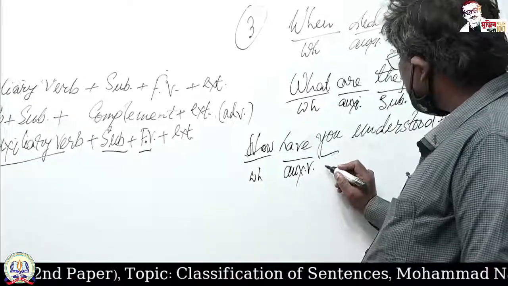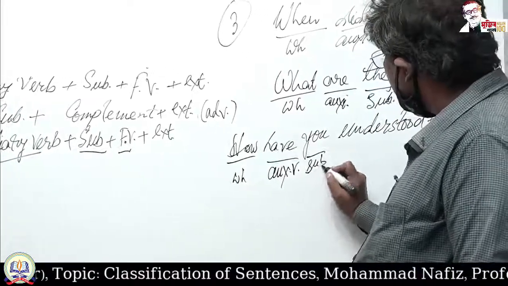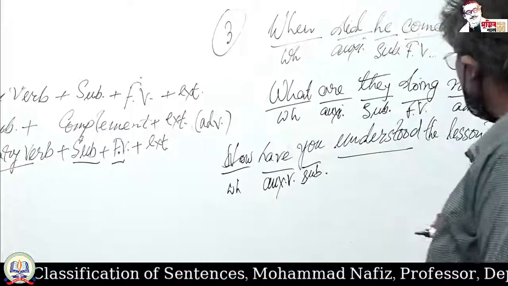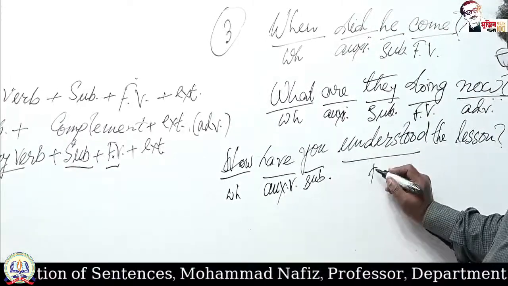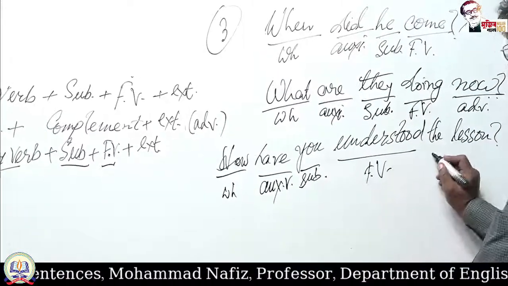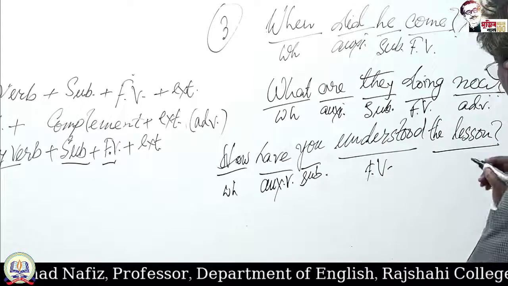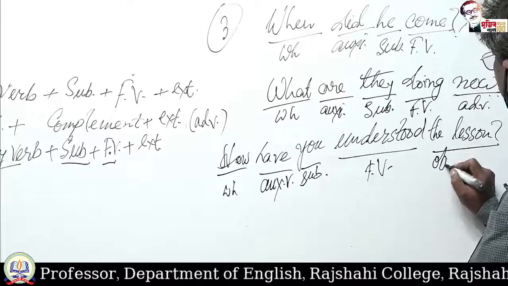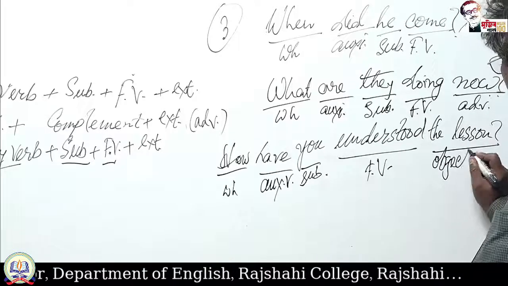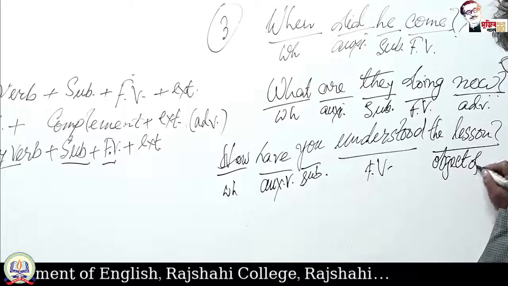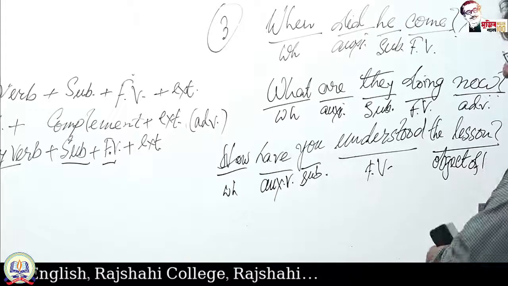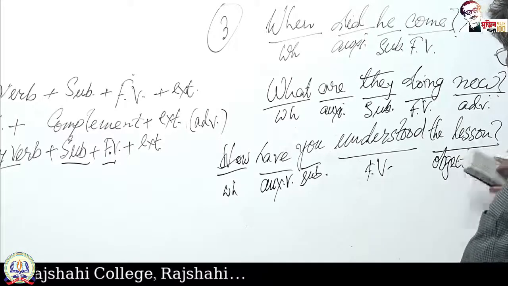You is the subject in the sentence. Understood is the finite verb, and the lesson is the object of the sentence.